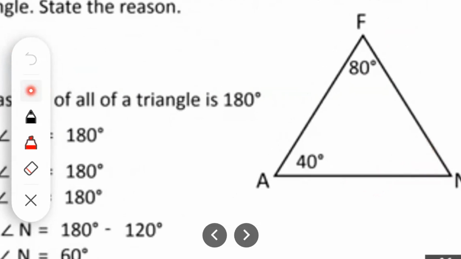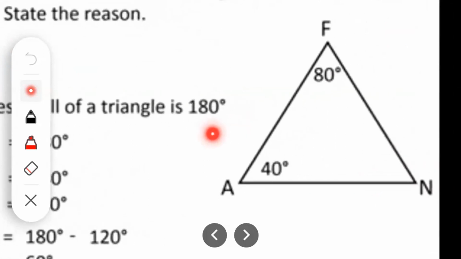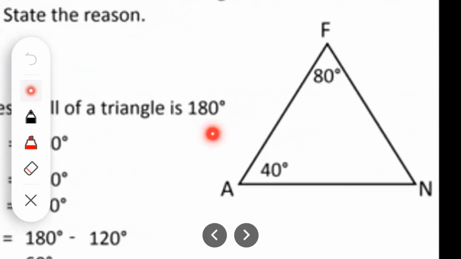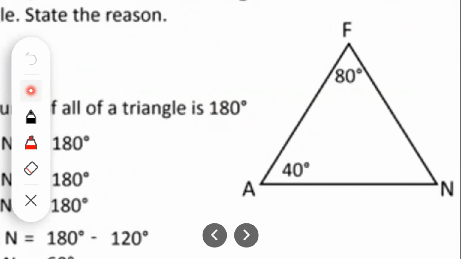Here you can easily calculate the value of angle N. Which property will you use here? The sum of the measures of all angles of a triangle is 180 degrees.